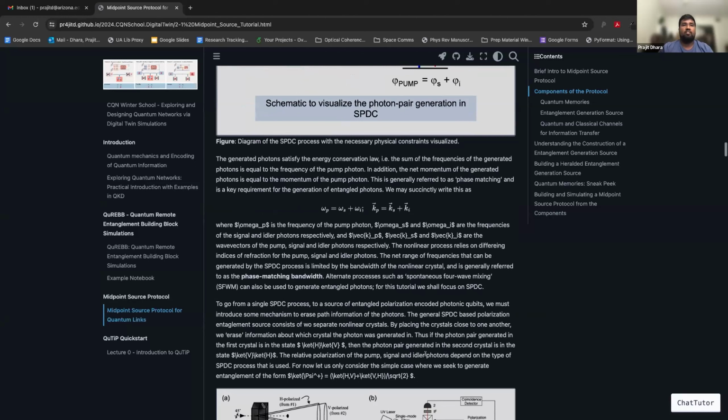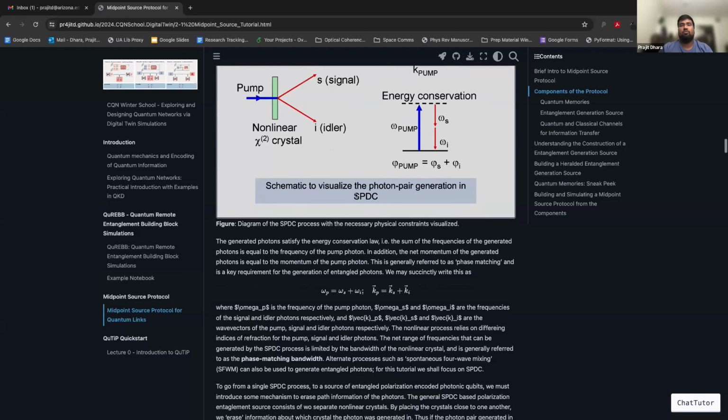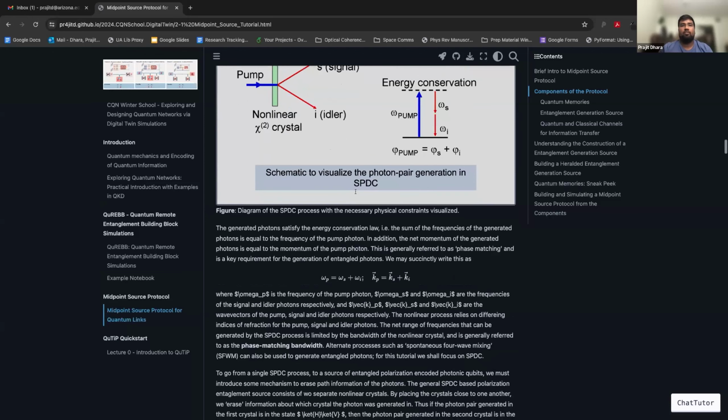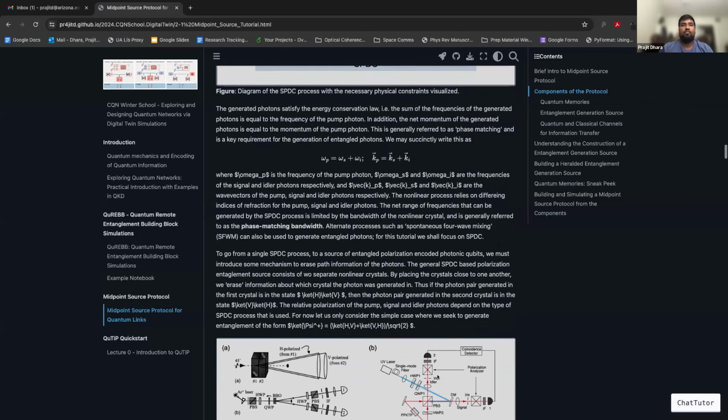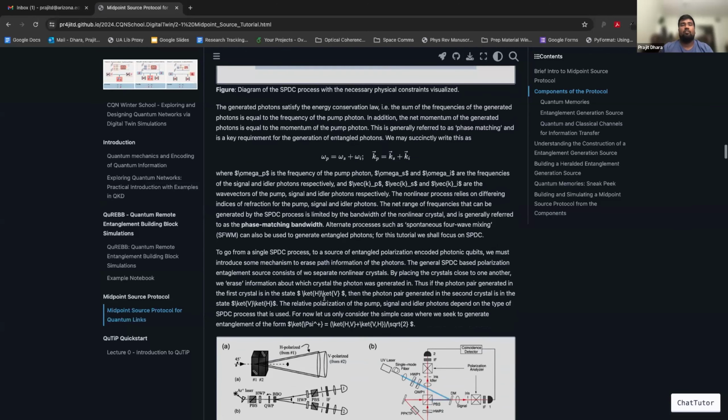So from a single SPDC process, as a source of polarization-entangled photons, we can only generate a single photon pair. Along with this, we need to be able to somehow erase the path information of how the photon was created. We can do this by considering two back-to-back SPDC processes, where, let's say, the first one generates entangled photons in H and V, and the second one generates photons in V and H, meaning the first nonlinear process generates signal and idler photons, although they are entangled to one another in the complete Fock basis.